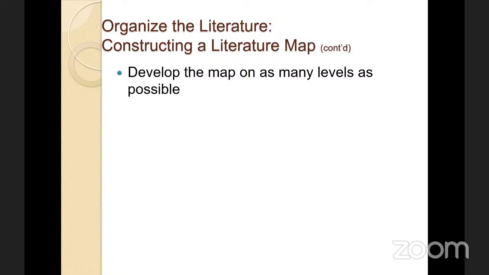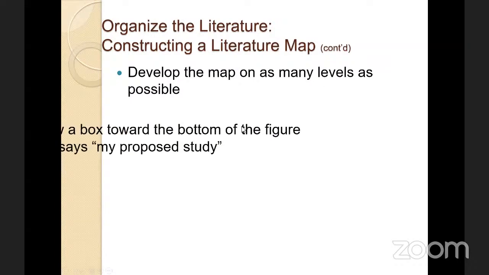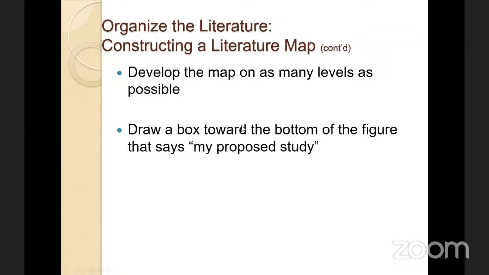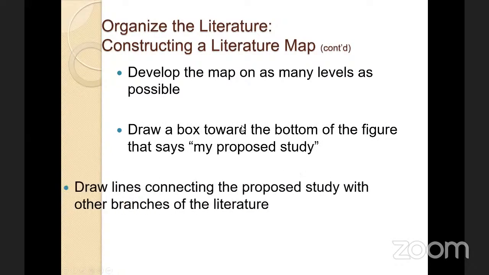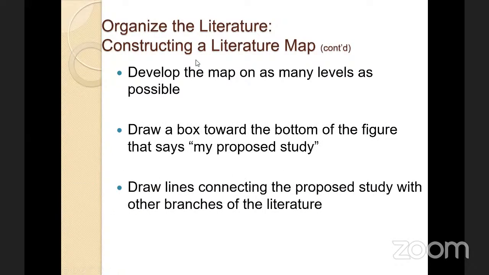But I suggest that everybody here do a map or an outline or both to make sure that you're on track. This is just about organizing with a map. At the end of it, you have a map, and then you want to say what the different ideas are.